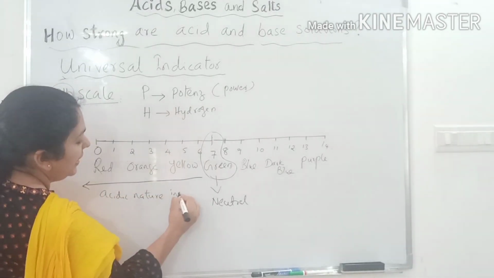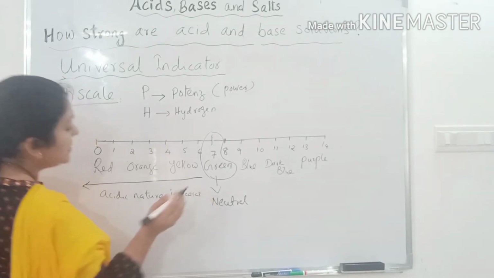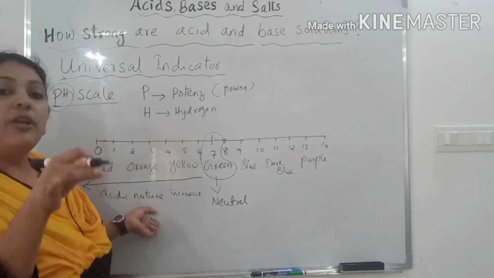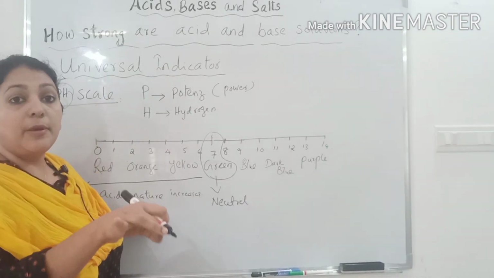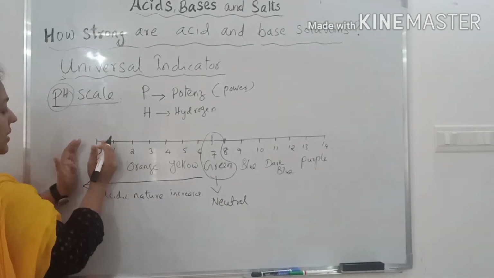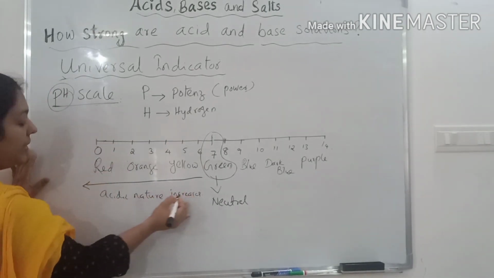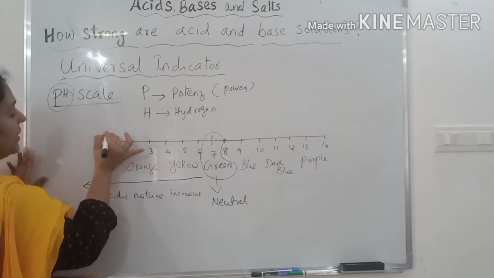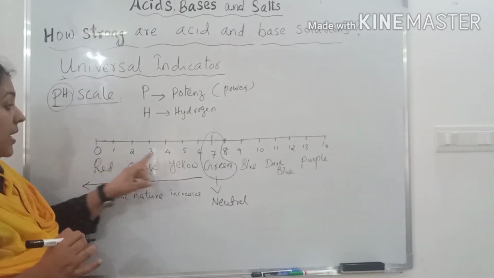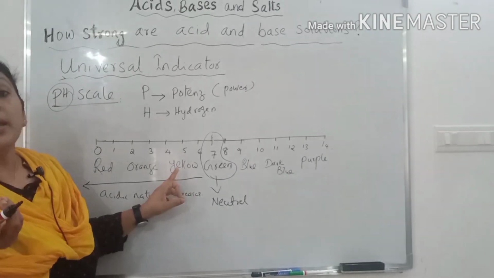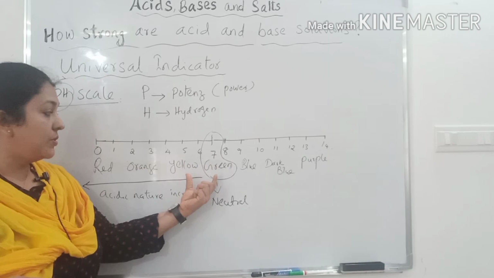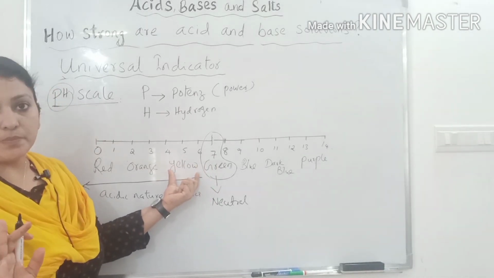That means if you dip a universal indicator paper in a strong acid like hydrochloric acid, it will show red color and a value of 0, because it is the most acidic. Now if you test a weak acid, you will get a value of 5 or 6, near neutral, and the color will be yellow.